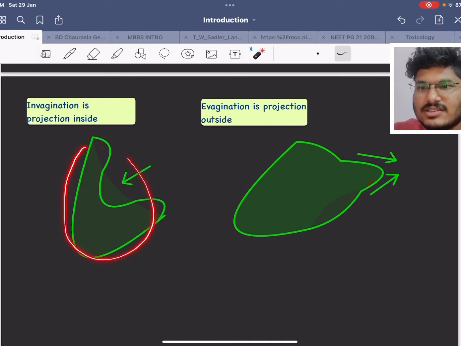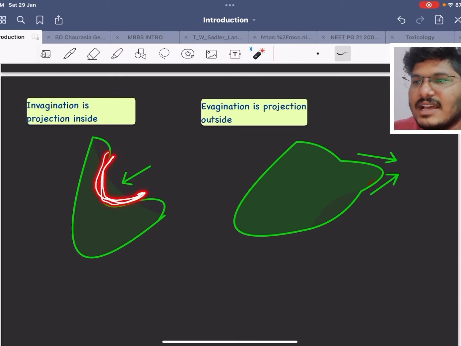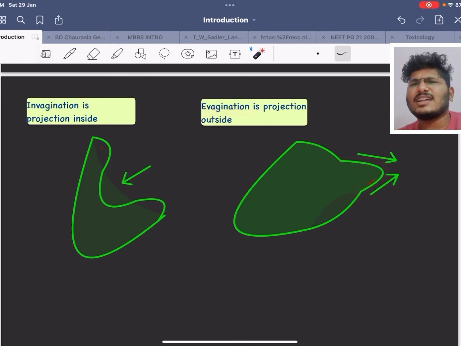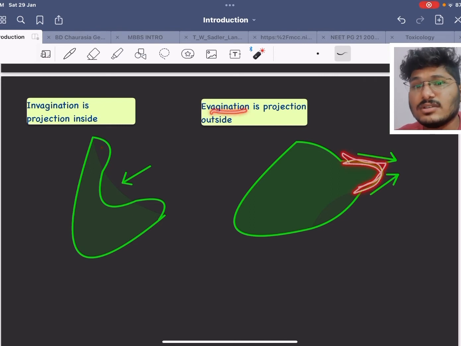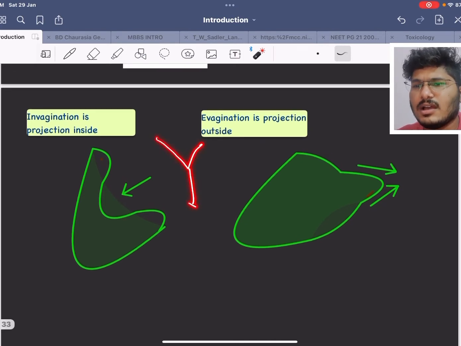If we say invagination occurs in a given structure in the embryo, it means the projection is towards the inside. Similarly, if the projection occurs outside, it is called evagination. So invagination is the term for projection inside, and evagination is the term for projection outside. These terms are usually seen in embryology topics mostly.